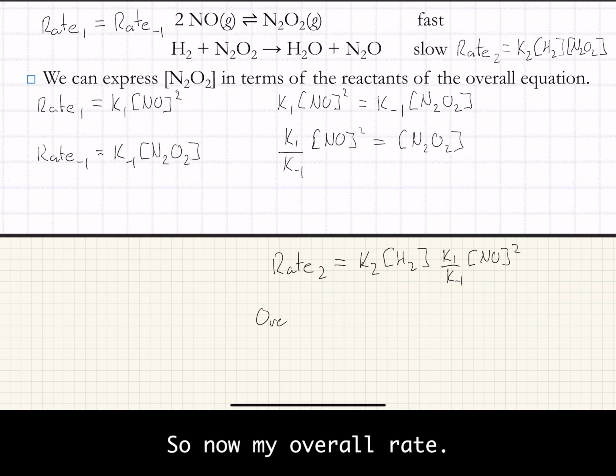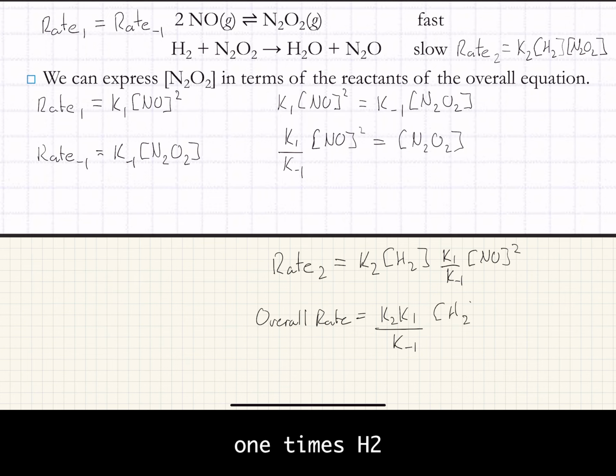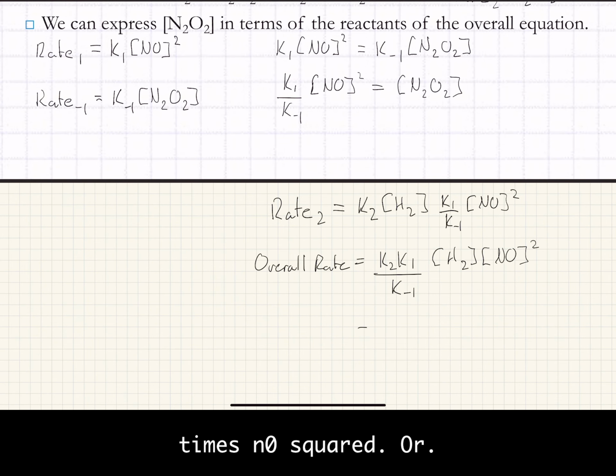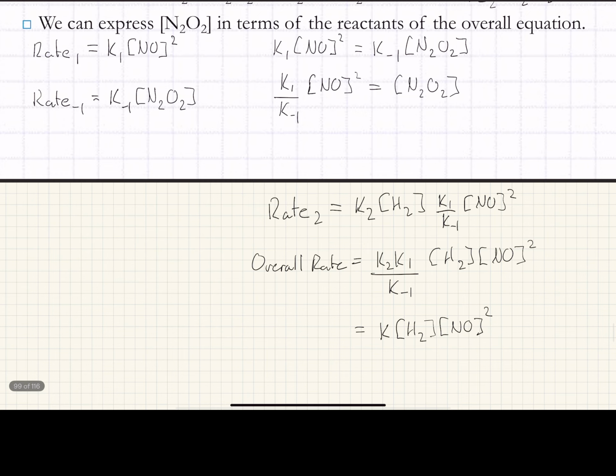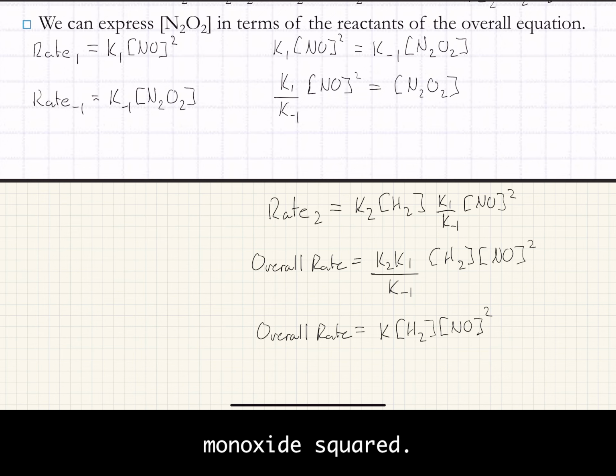So now my overall rate, I'll write it out this way first: k2 times k1 over k negative 1 times H2 times NO squared, or the overall rate is k times hydrogen concentration times nitrogen monoxide squared.